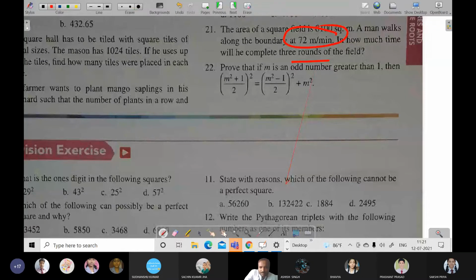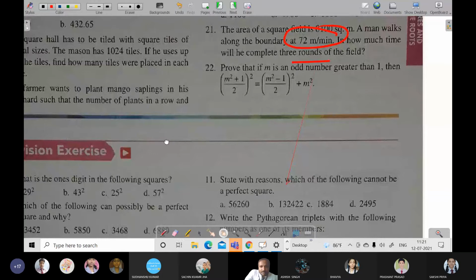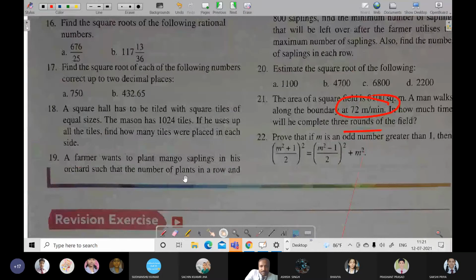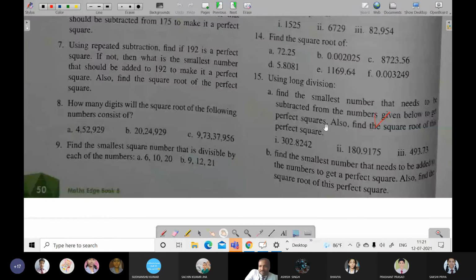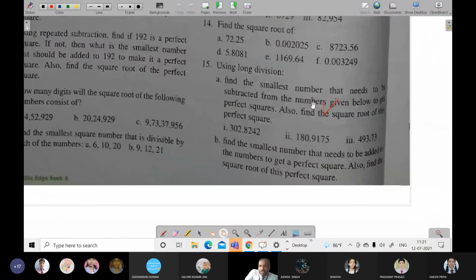I think 15 is on the previous page. A few portions are on this page also. So in 15 it has been said, using long division method, find the smallest number. Yes, sir, by mistake I told 15, sir. 18 number.